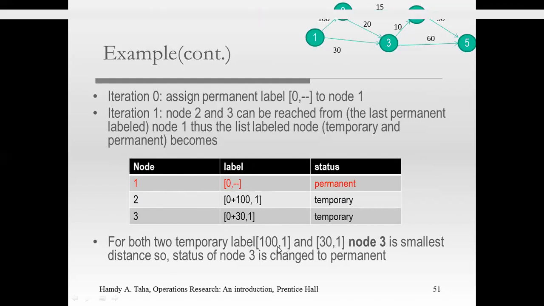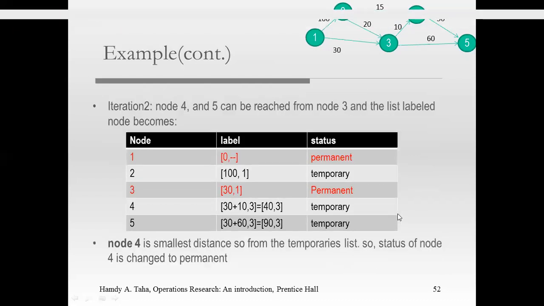And then of course 100 with 30 we select the smallest, which is node 3. That's why the next step would be like this. 1, 3 connected permanent. The temporary is node 2 from 1, and then after that we have another option.